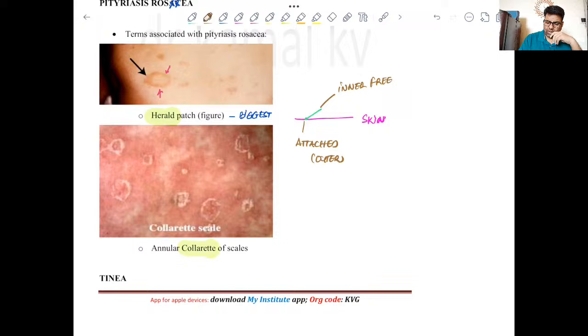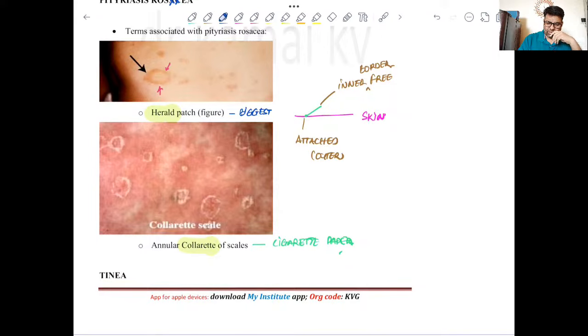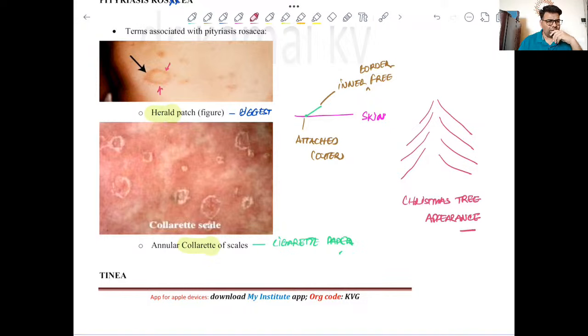So this is collarette of scales, and the consistency is like cigarette paper. Clear? And one more thing which you need to remember, the lesions are arranged like this on the back, right? So this is known as Christmas tree appearance. Fine. So these are 3-4 terms which you should remember for Pityriasis rosea.